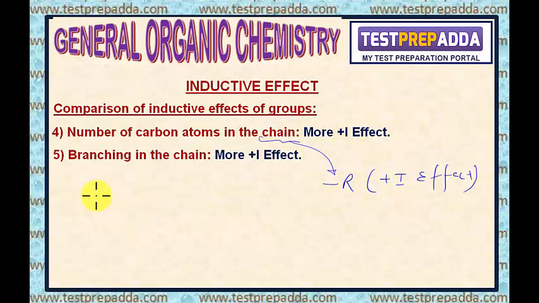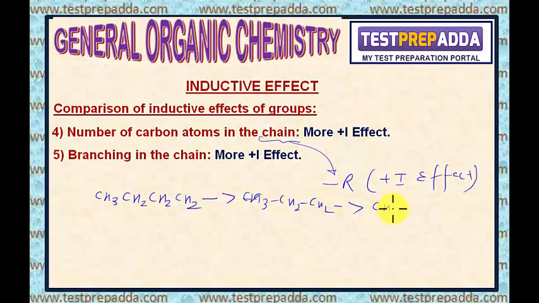For example, if I write CH3, CH2, CH2, CH2, its plus I effect will be greater than CH3, CH2, CH2, which will be greater than two carbon alkyl, which will be greater than methyl. My point is clear. So more number of carbon atoms in the alkyl group, more will be plus I effect.